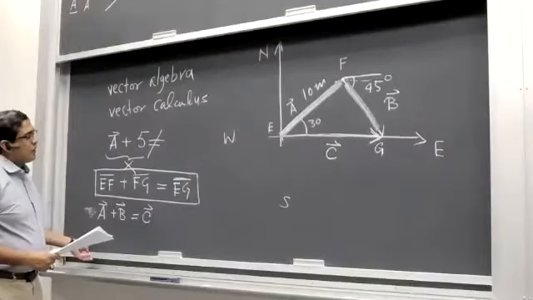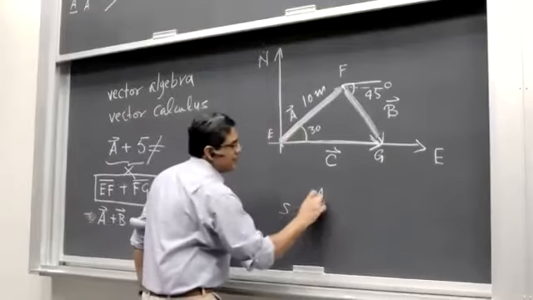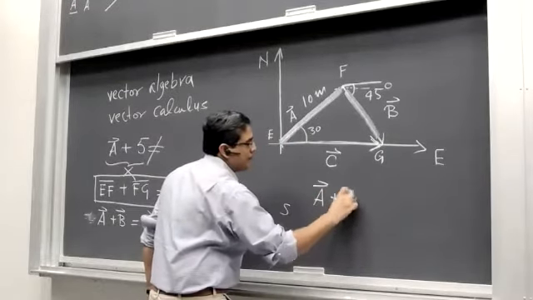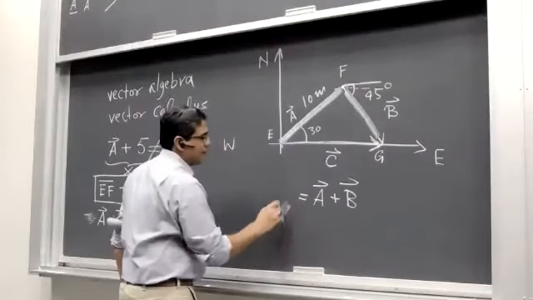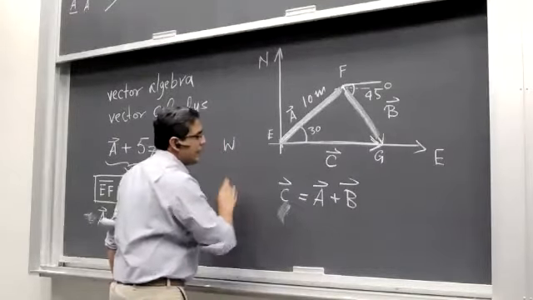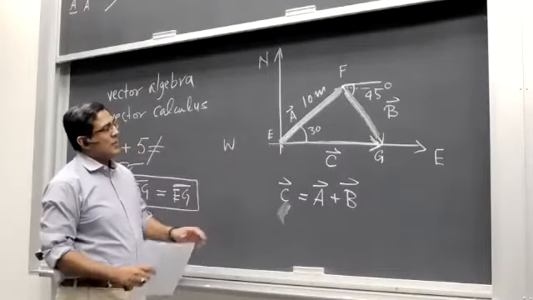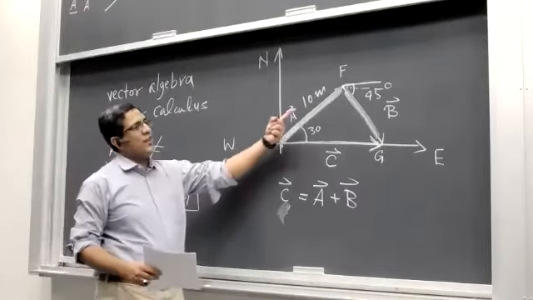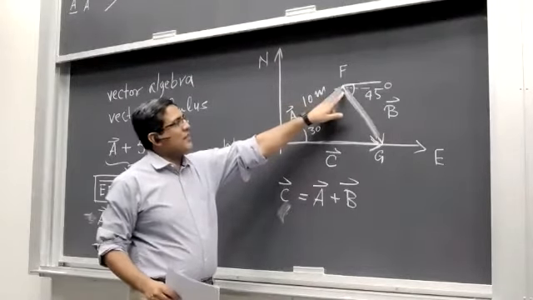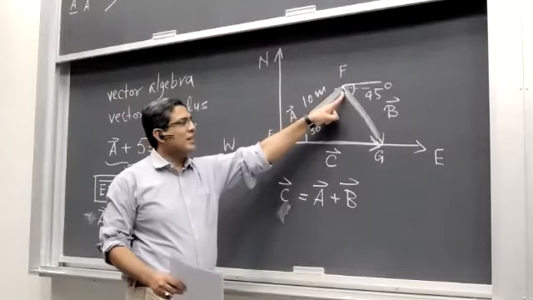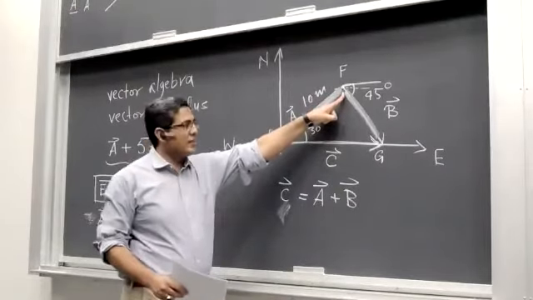And of course, the first rule is that when we add two vectors, like here, we get another vector, C. If you want to graphically understand it, the rule is that if we have two vectors, we take the first vector and then we join the tail of the second vector with the head of the first vector without changing their directions or their lengths.